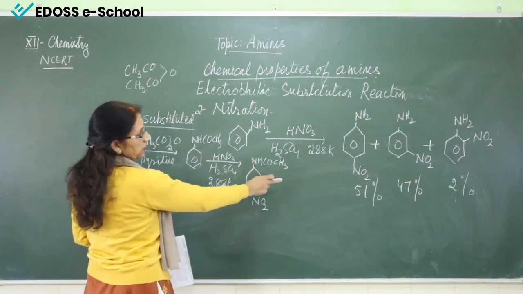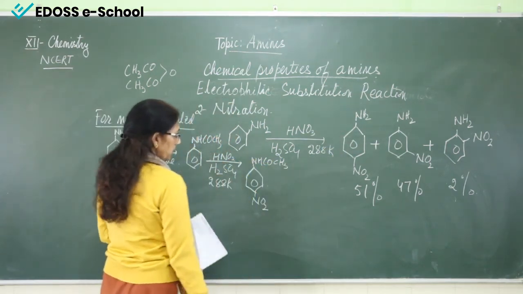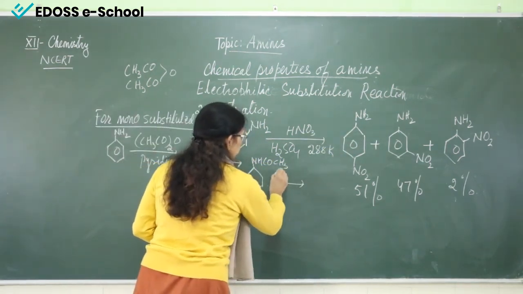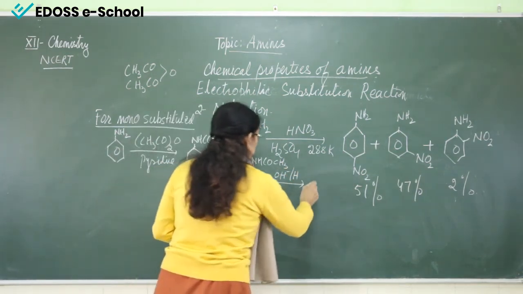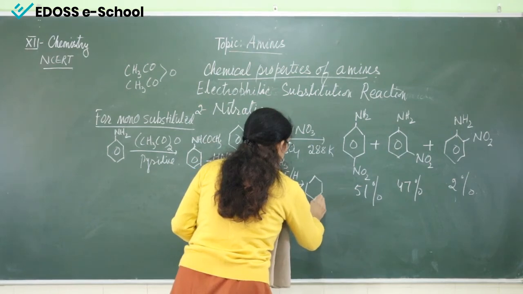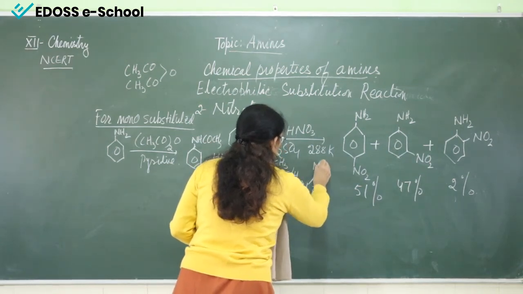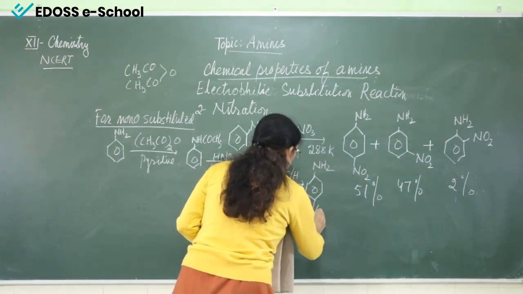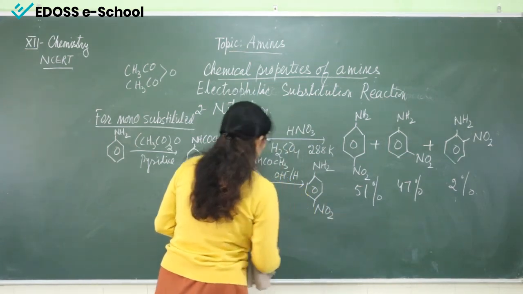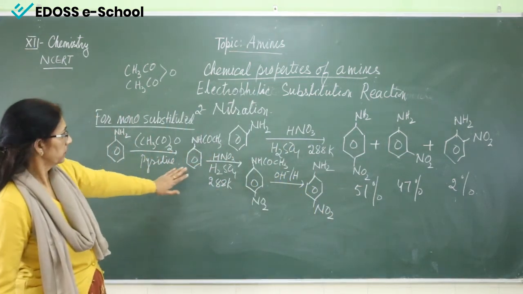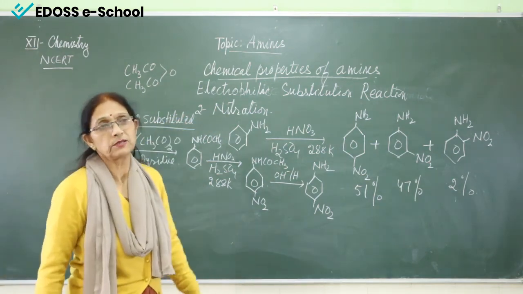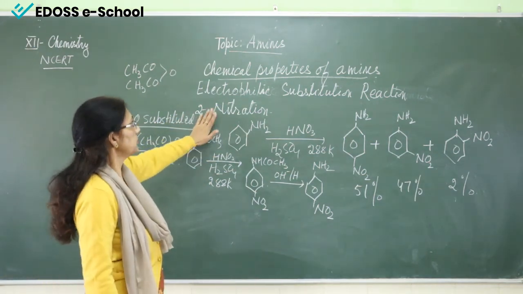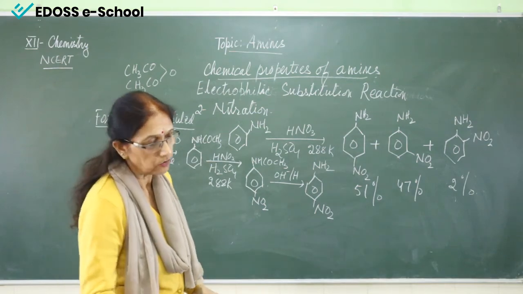We are getting para. And again on hydrolysis we will get para nitro aniline. Okay, so this is nitration, for mono substituted and for multiple substituted.